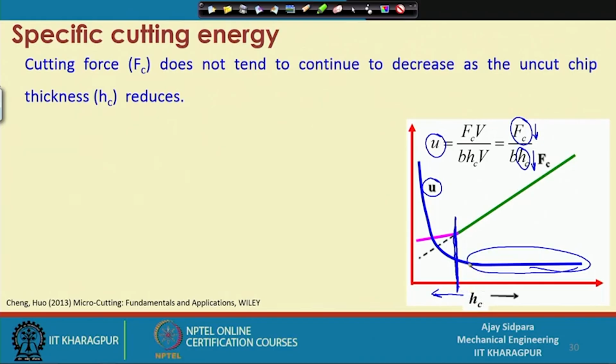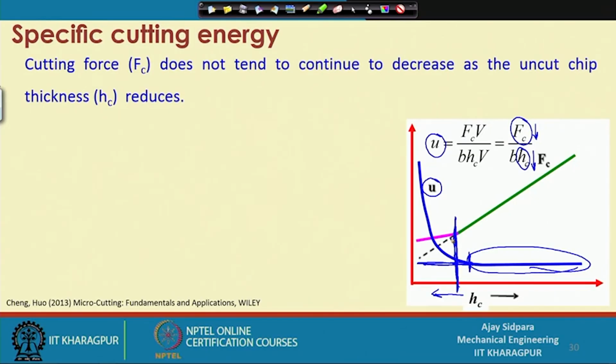But now, once it crosses one particular limit, this balance is not maintained. Now, this is the yellow pink color line. By this trend, if your Hc is reducing, Fc should also reduce, then it should follow this dash line. Then again your specific cutting energy would be a straight line, but that is not the case here.